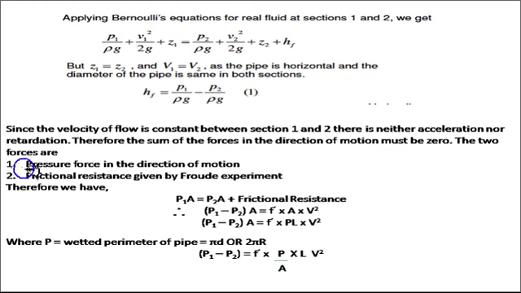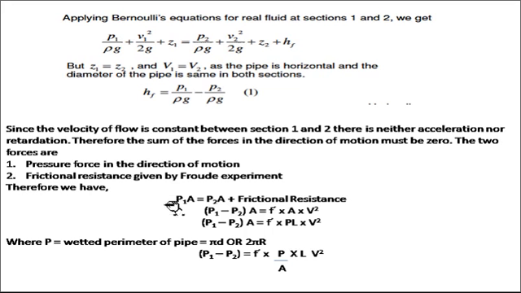The first force is the pressure force in the direction of motion, and the second force is the frictional resistance, which is given by the Froude experiment, which we have already discussed in the previous slide. Therefore, we will take the summation of all the forces acting along the direction of the flow.